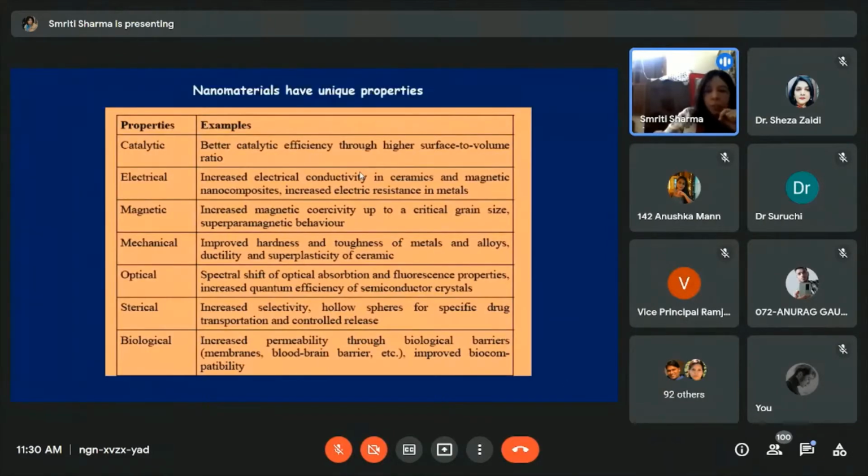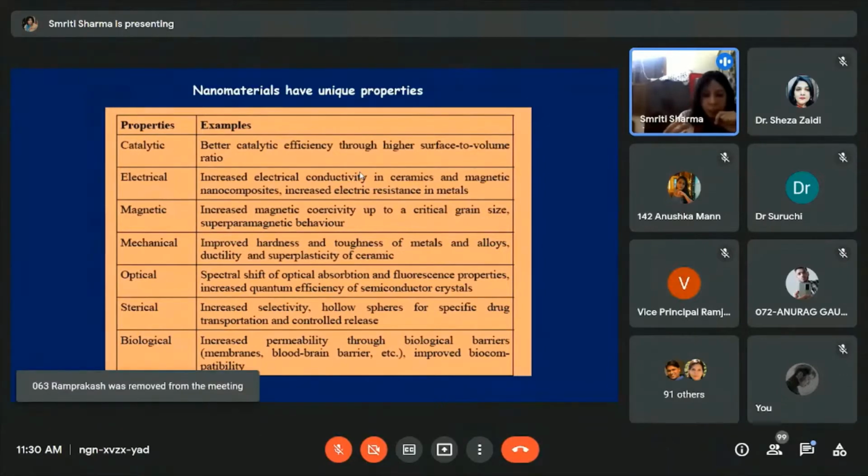Because of these changes in the environment, everything changes. They have unique properties. They don't have properties like macroscopic objects. They have better catalytic efficiency. Their electrical properties are better. Magnetic coercivity and mechanical strength increase.